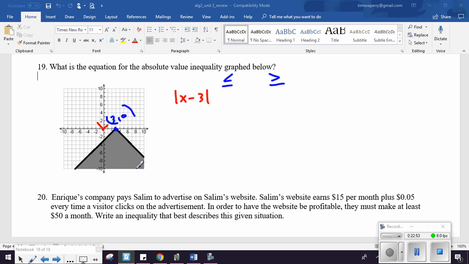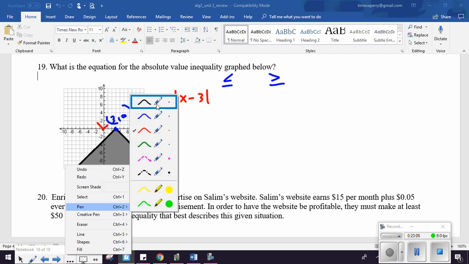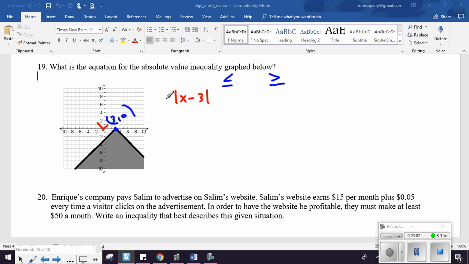And then again, it flipped over the x-axis. It reflected over the x-axis. So we know that there's a negative involved, and the negative is out in front of the sign when it flips over the x-axis.